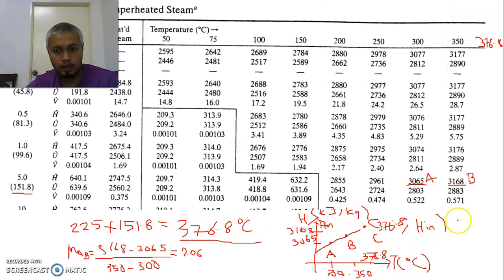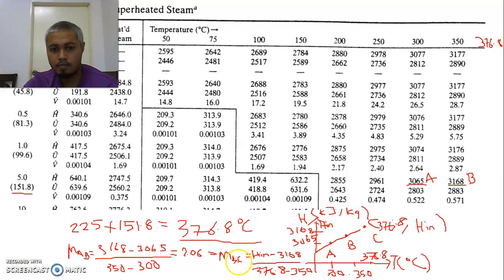How to find it? Initially we need to find the slope of MAB, which is 2.06, and it is equal to MBC. Next we have MBC equals H in minus 3168 over 376.8 minus 350, because we use B and C points.